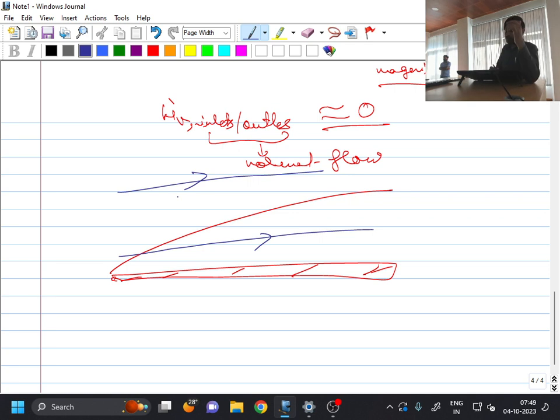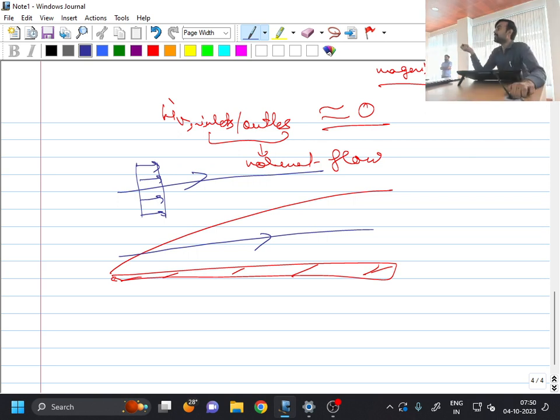Outside this boundary layer, viscous effects are gone. I will have completely uniform velocity along this streamline, so there will not be any velocity gradient. If there is no velocity gradient, there is no strain. The coefficient of viscosity times strain rate forms the viscous stress, and that will be equal to 0 outside. So W viscous will be 0 over here.